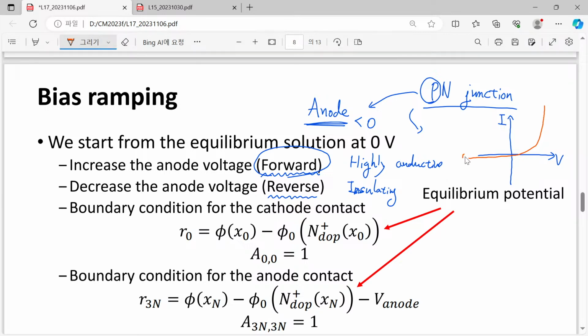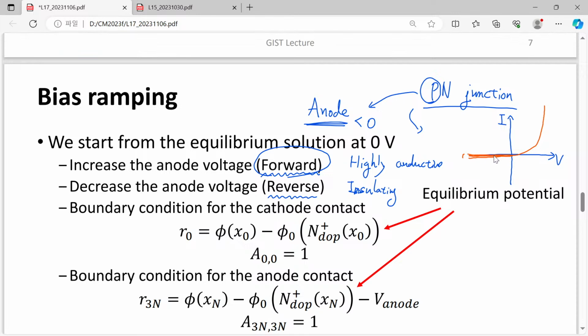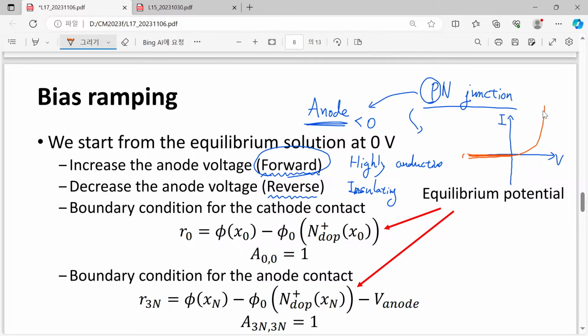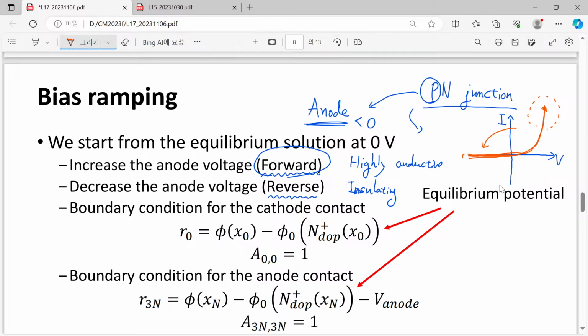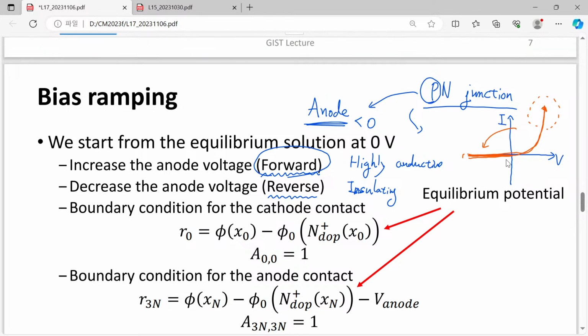Yes, here we have a small difference, but in reality, in any kind of reasonable dimension, actually we have no distinction between this horizontal line and our reverse current. Because compared with this forward mode current shown here, it is way too high. So this is just attached to the horizontal line, and there is a sudden increase of current. Yes, this is the typical behavior of our PN junction.